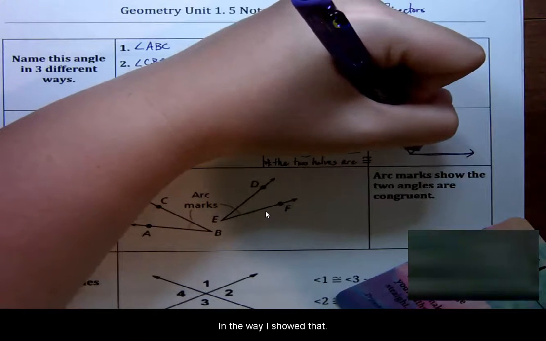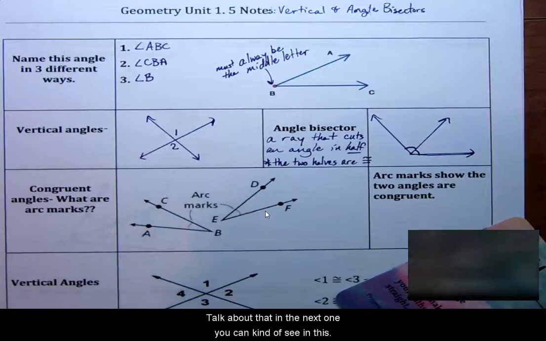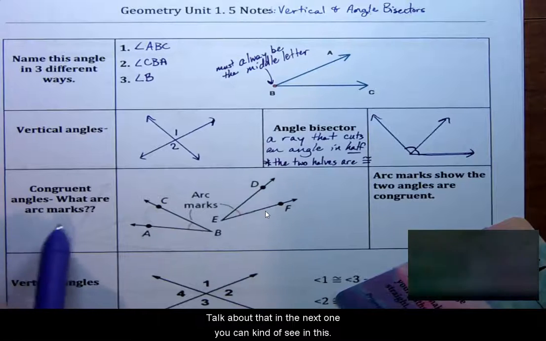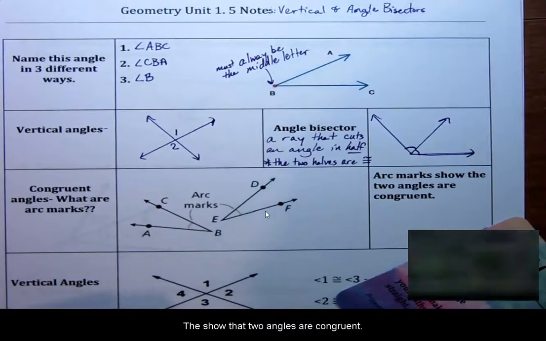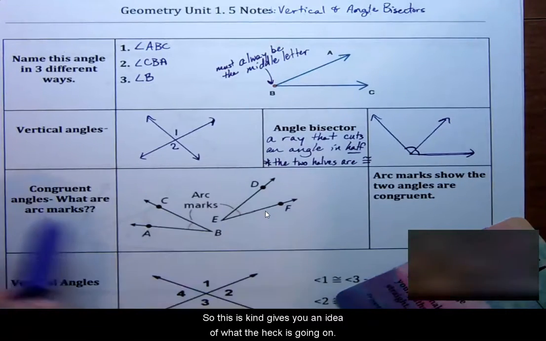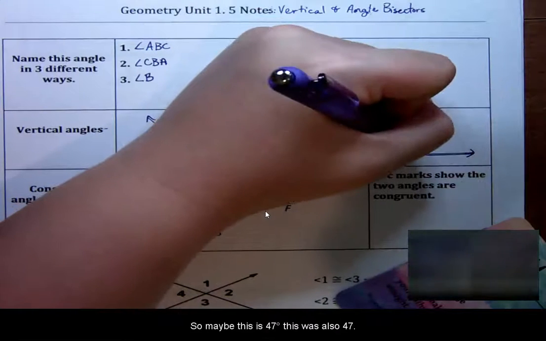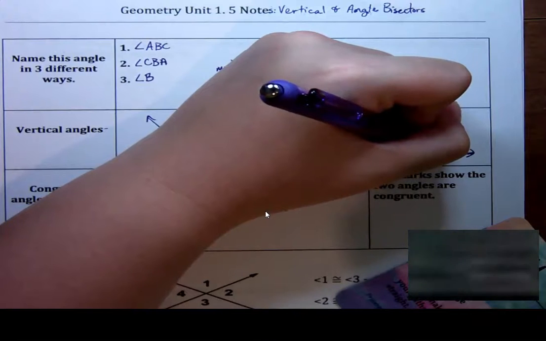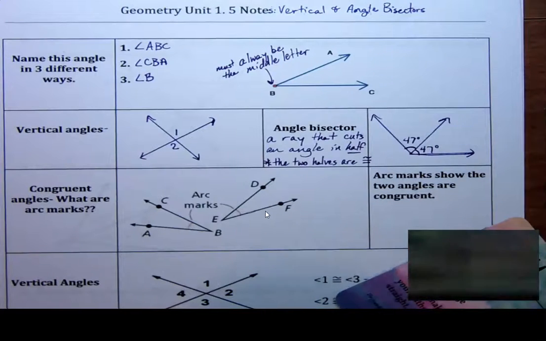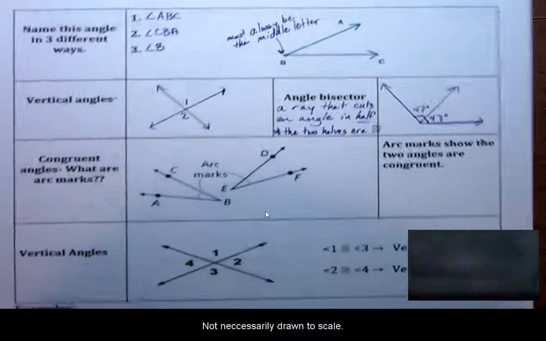And the way I show that are these arc marks, and we're going to talk about that in the next one. What are arc marks? Well, they show that 2 angles are congruent. So this just kind of gives you an idea of what is going on up here. So maybe this is 47 degrees. This one's also 47 degrees. Okay. Cool. It's not necessarily drawn to scale, but we're going to go with it.